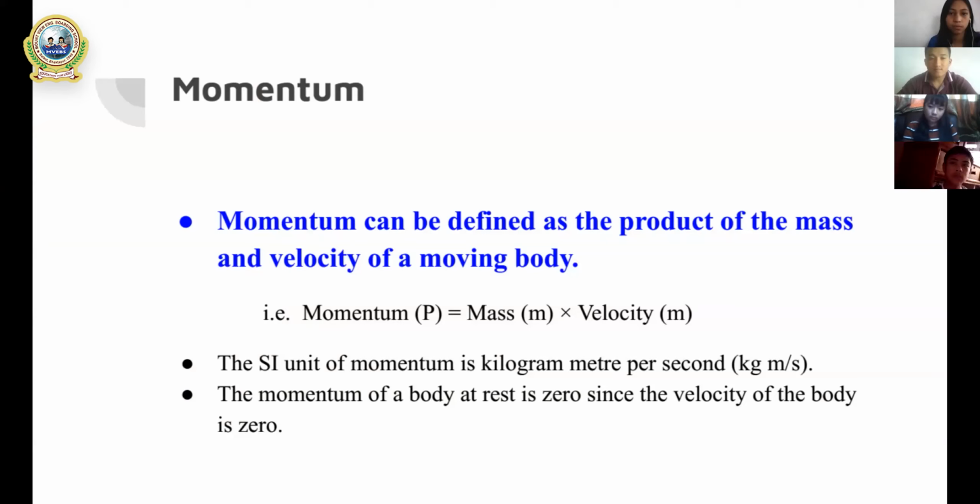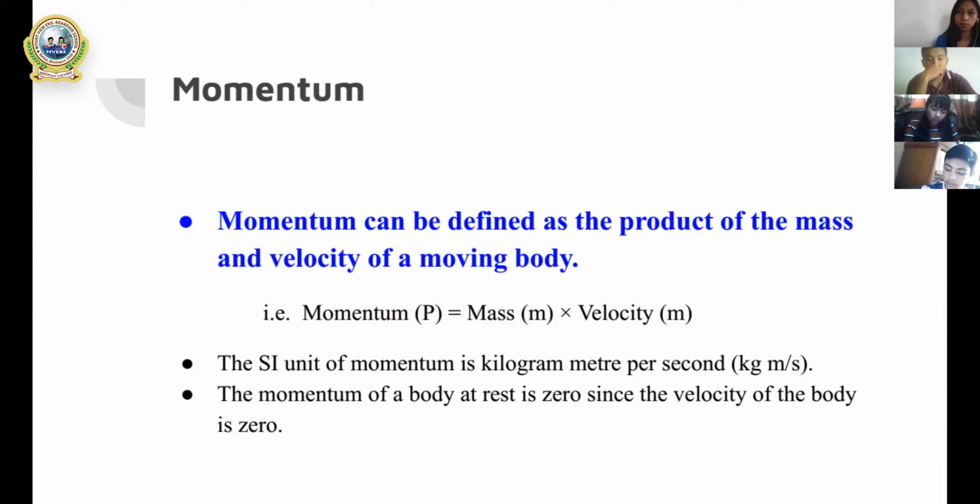So when the velocity is constant for different objects, the body with more mass can have more momentum. And when mass is constant, the body having more velocity has more momentum, because momentum directly depends on mass and velocity.